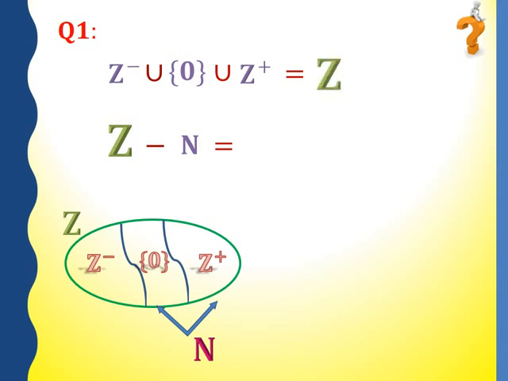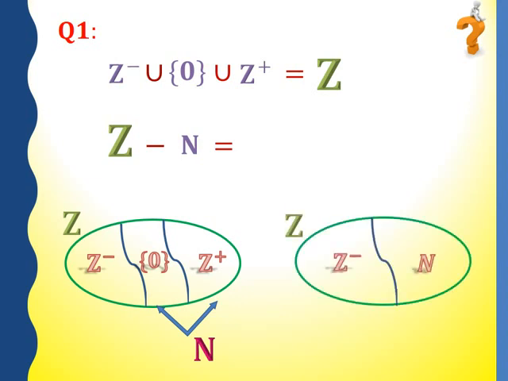Also, we know from the previous year that the set of positive integers union the 0 gives me the set of natural numbers, which we denote by N. In this way, I can draw another Venn diagram representing the set of integers Z as consisting of two subsets: the set of negative integers and the set of natural numbers.